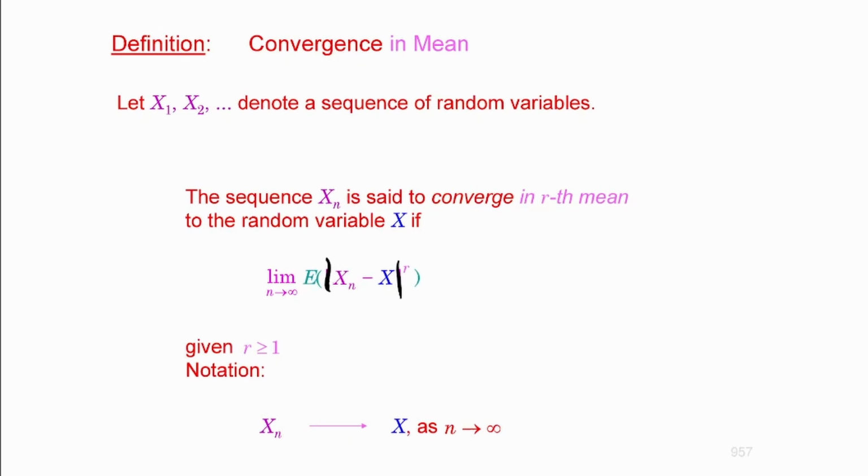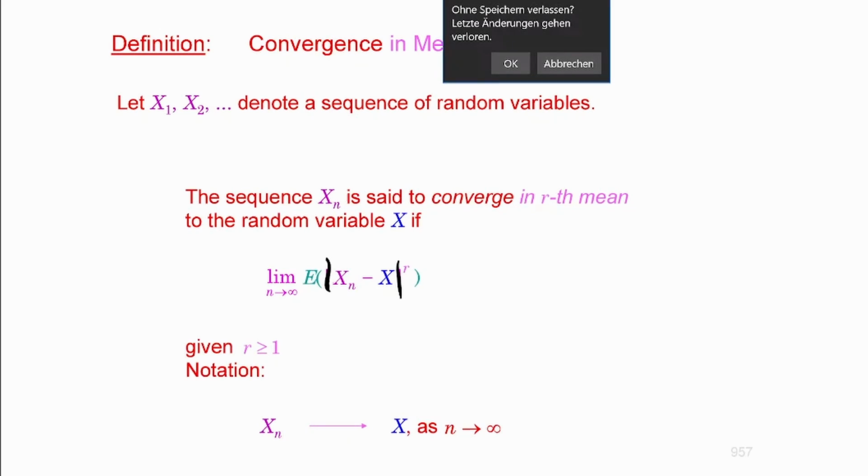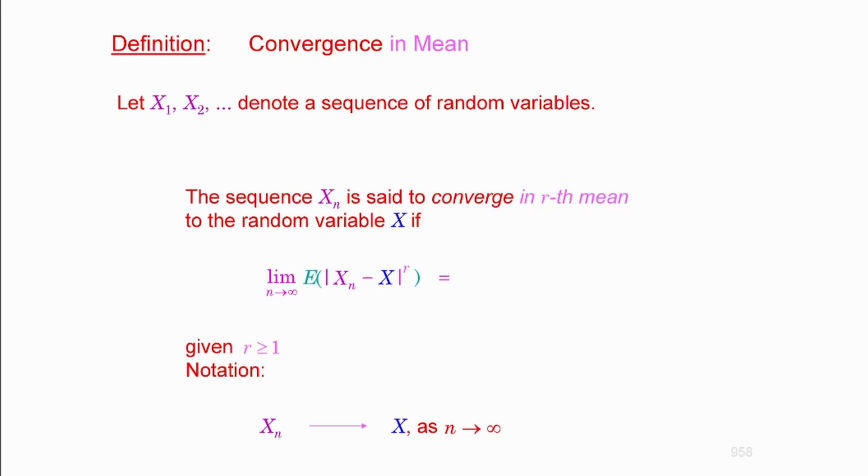And if the expectation of that converges to 0, then this means that you have convergence in mean. That's another type of convergence.